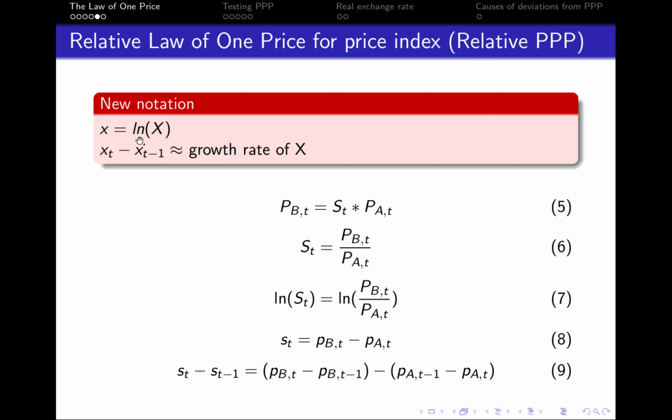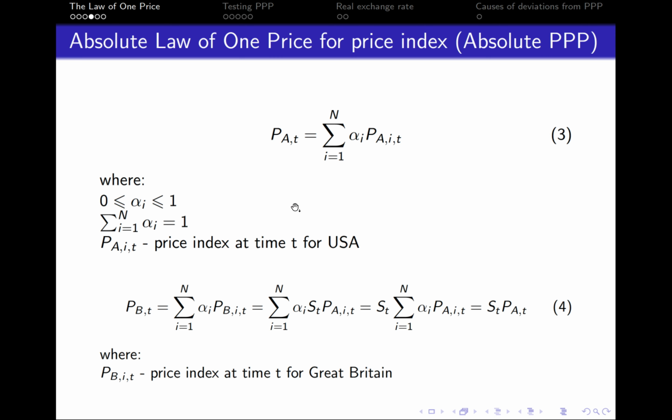Look, using logarithms is extremely efficient and convenient in terms of macroeconomic variables, especially since the difference in logarithms is approximately equal to the growth rate of x. Okay, so now let's go back to the relative law of one price. Absolute law of one price for price indexes. So what do we see over here? Like, this is the repetition of equation 4, right?